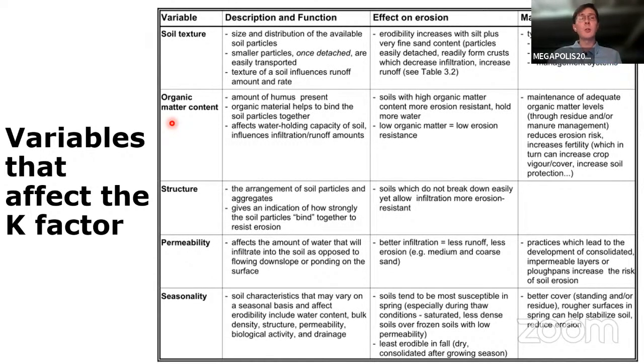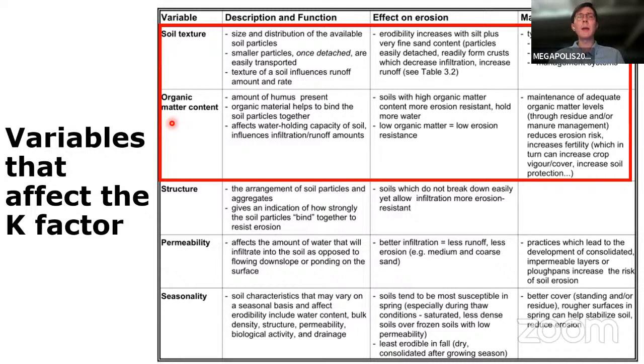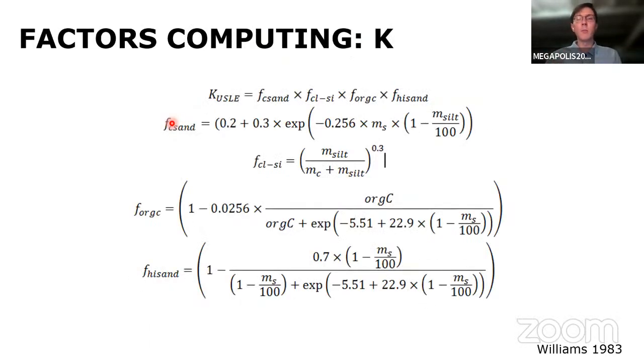But later on, a lot of researchers created several empirical equations, mostly based on soil texture, so the percent of sand, clay, silt in the soil, and organic matter content. For example, the equation from Williams et al. in 1983 is one example of how one can calculate soil erodibility based on soil texture and organic content.